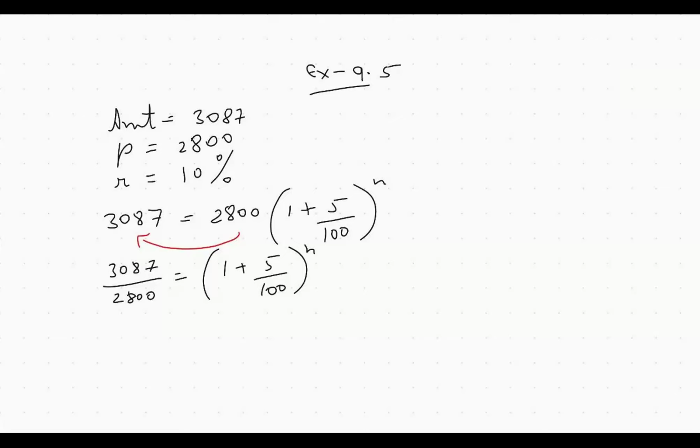Are you getting a square or a cube of 3087?